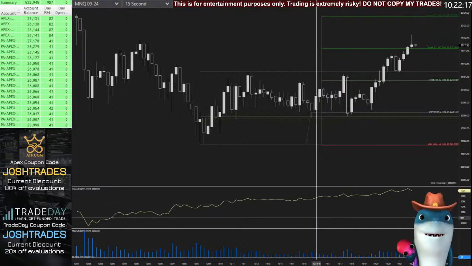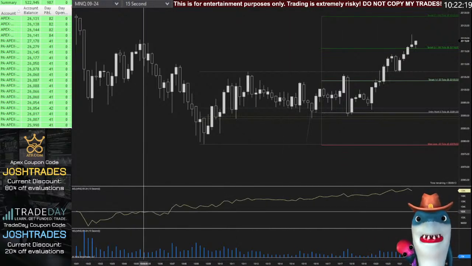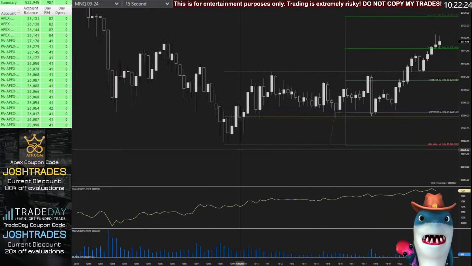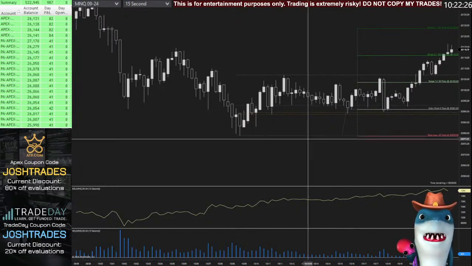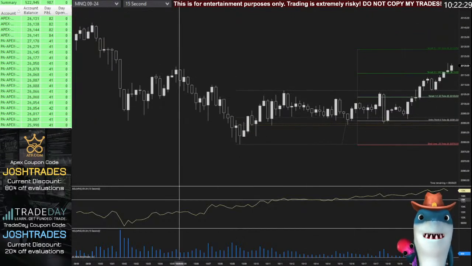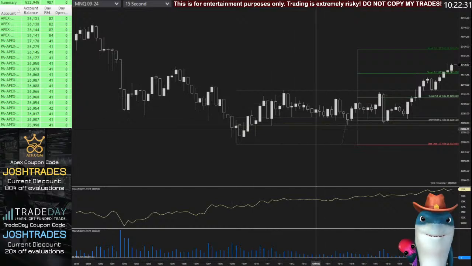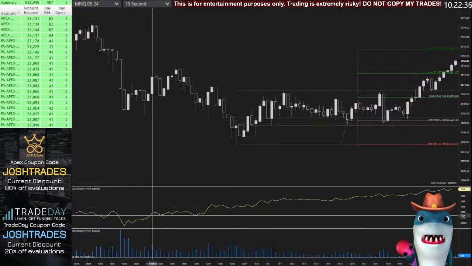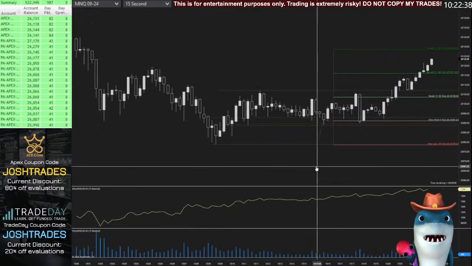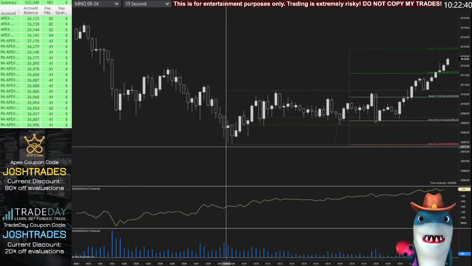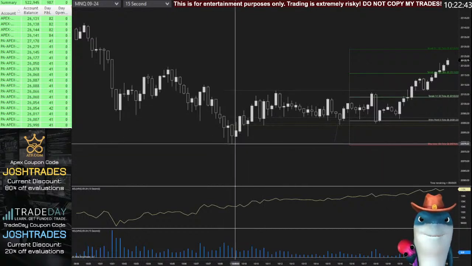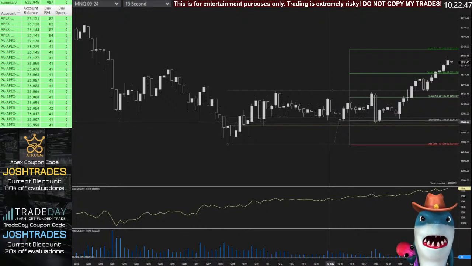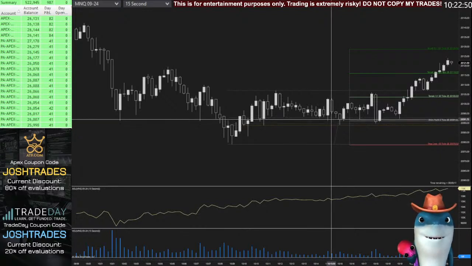Hopefully this showed you some insight into how I trade with accumulation distribution. Just to recap, this is a 15-second chart. We see price in a downtrend, but we see AD pushing upwards, and so I found this little uptrend range, and I entered at liquidity in this liquidity pool right here.